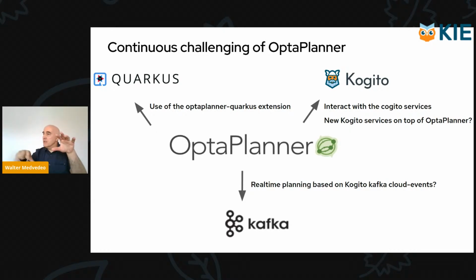I will try to show this running now, but this is also important for us because we want to know if these real-time planning scenarios that we can implement nowadays can also be implemented when we move to Kogito and start consuming the Kafka events produced by the different Kogito services.